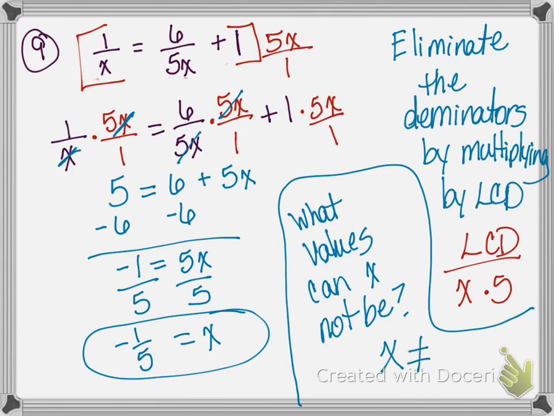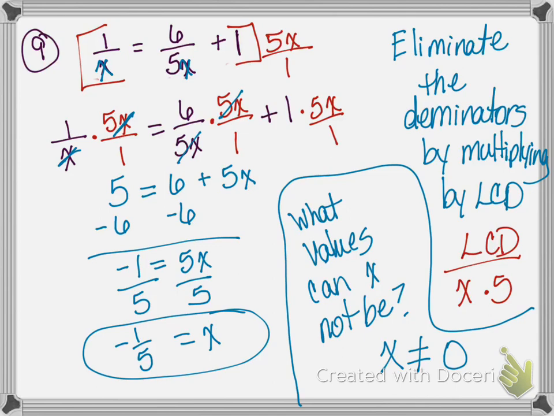What number, if I plugged it in for x, would make that denominator right there 0? 0. Okay? And then if I put 0 here, 5 times 0 is 0. So x cannot be 0 in this situation. And I should have done that first. And if I had gotten x equals 0 in this situation, what would I have had to do? Throw it out. Good job. Okay, can we look at the next one?